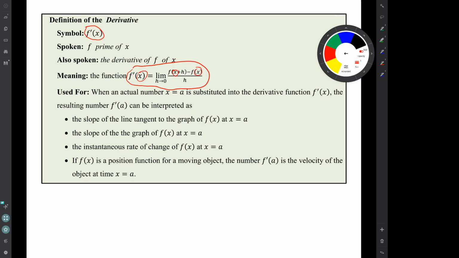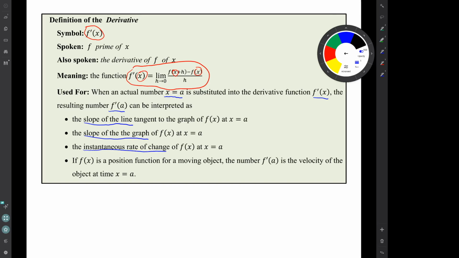Now, what is this used for? Well, if you have this expression and you actually substitute in a number x equals a into that derivative function f prime of x, then the resulting thing would be denoted f prime parentheses a, and that could be interpreted as before, the slope of a tangent line, also called the slope of the graph, also called the instantaneous rate of change of the function at x equals a.